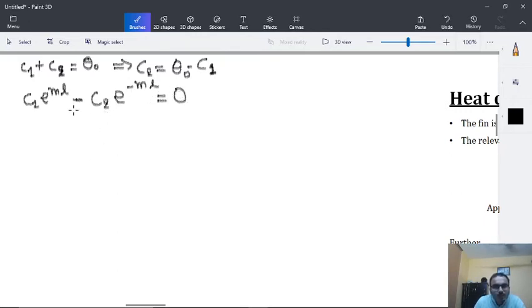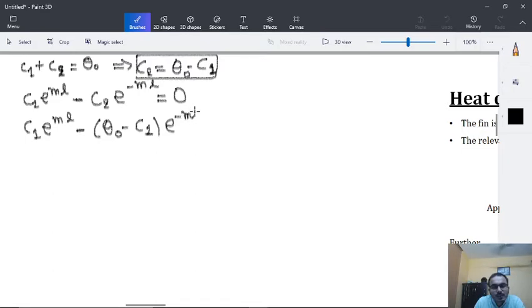Okay, now we are beginning our analysis. Instead of C2 we will be putting this value. So C1 e raised to ml minus theta 0 minus C1 e raised to minus ml equal to 0. So what I have done is put the value of C2 in this equation.